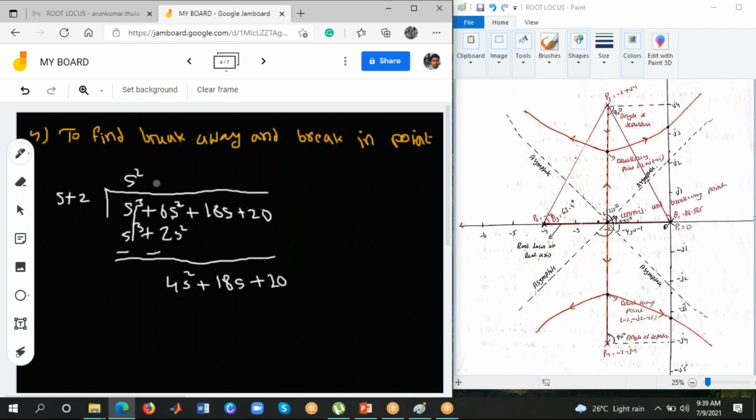Next we have to multiply. Here there is 4s square, so we multiplied with 4s. S into 4s is 4s square, plus 4 into 2s is 8s. These two will cancel. 10s plus 20.